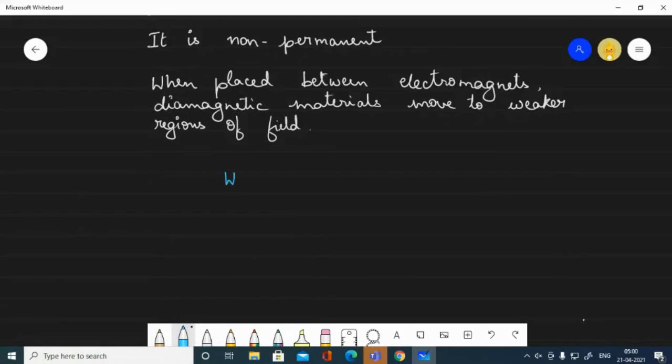With no applied field, the magnetic dipole moment is zero in case of diamagnetic material.